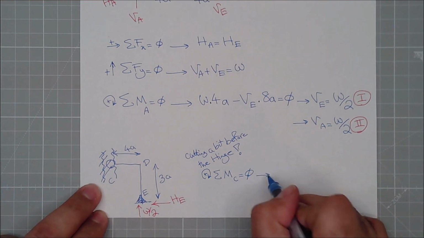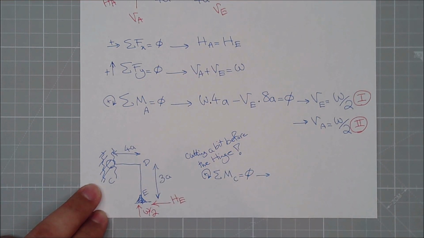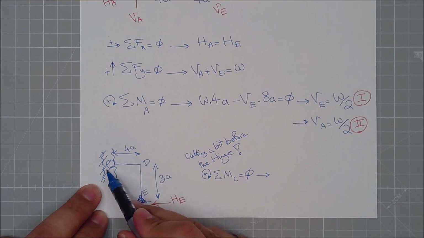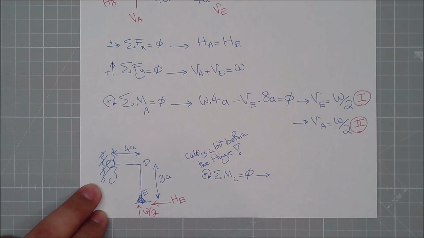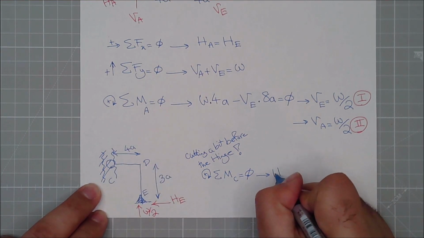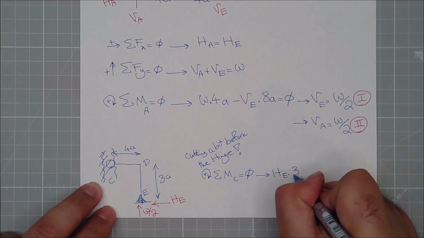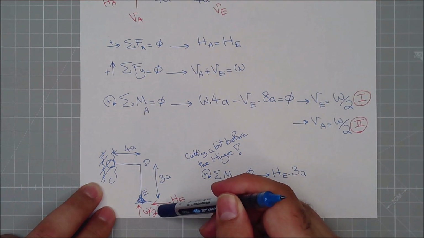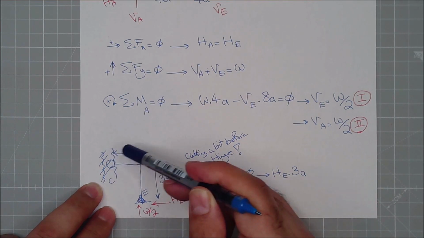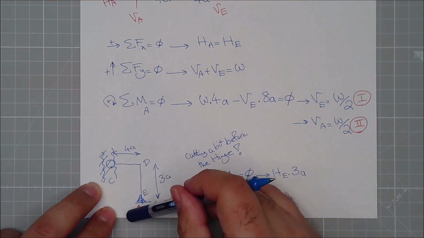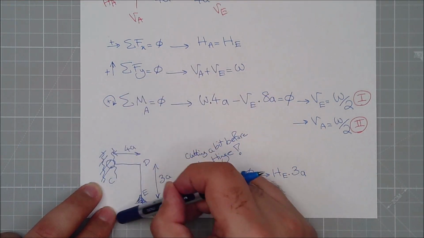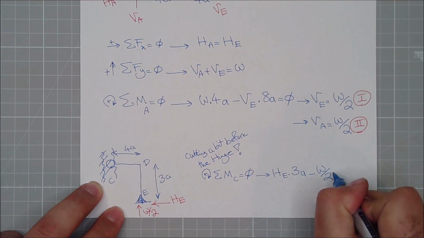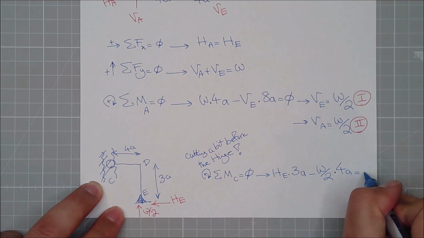Positive will be HE times its perpendicular distance to point C, and it is going positive along point C, you see. So it will be HE times 3A, and then I have this W divided by 2. What is the perpendicular distance? 4A, and going around point C it is negative, so negative W divided by 2 times 4A equals 0.